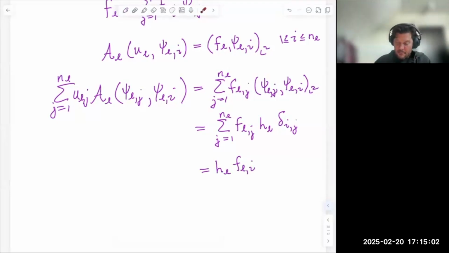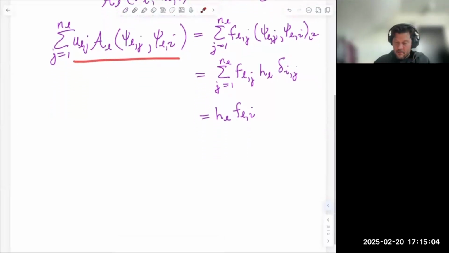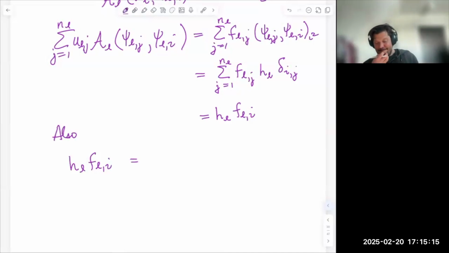What about this guy over here? Let's work on that now. Let's just flip the sides here. What was the result of this calculation? Previously we said HL times the ijth entry of the stiffness matrix AL.